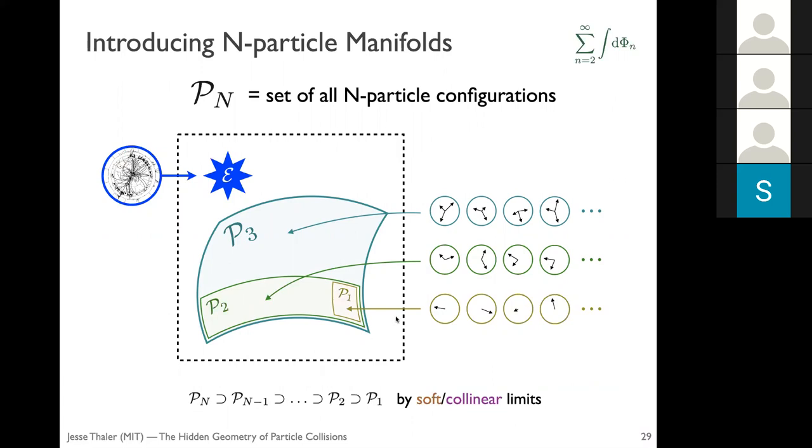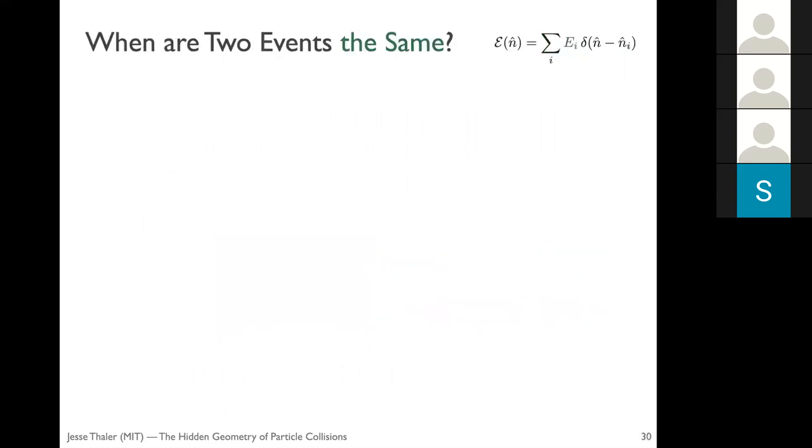Okay, so the natural thing to think about, instead of Lorentz invariant n-body phase space, are these n-particle manifolds. And why do I say that this is natural? The reason is the question about when are two events the same. Again, we're talking about events in terms of their energy flow.